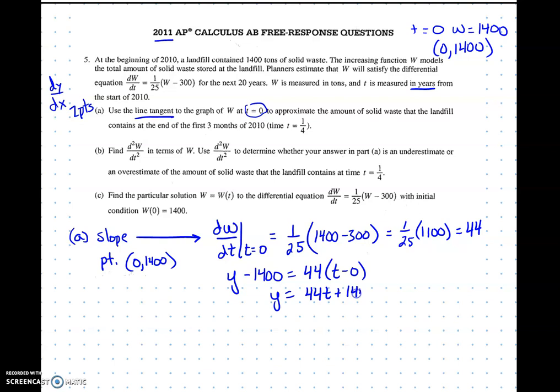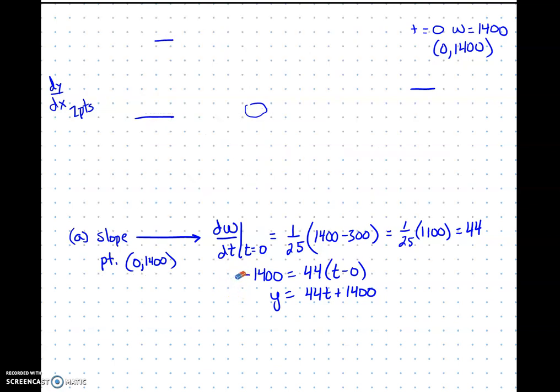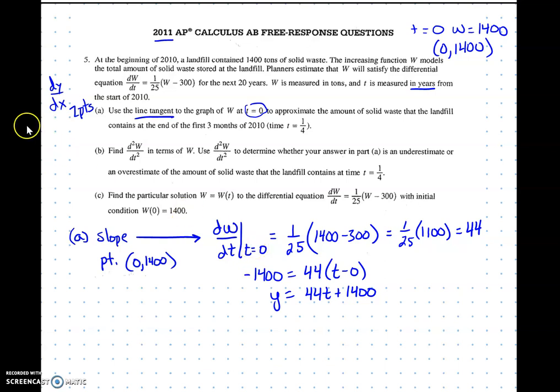All right, there is my equation. That's my approximation equation. And instead of using y, I could certainly use a W in there if I so desired. All right, so what are we going to do now?